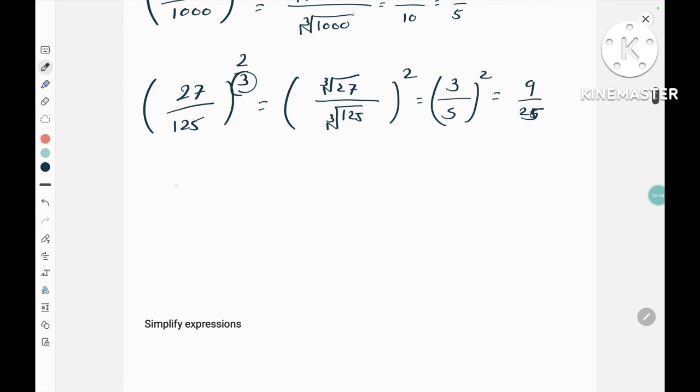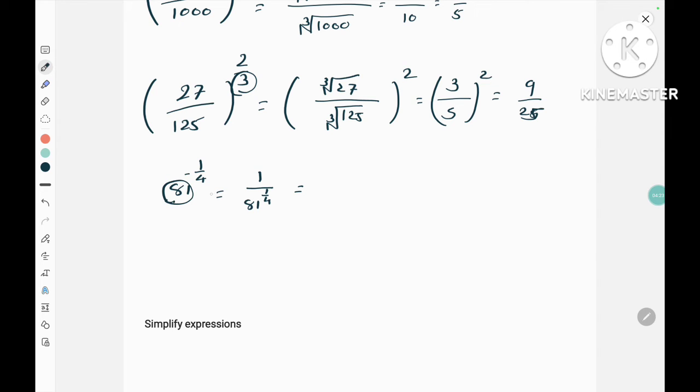Okay, if we have a fraction power but it is a negative power, what can we do? If we have 81 to the power of negative 1/4, first we turn the power positive. The fraction remains as it is.